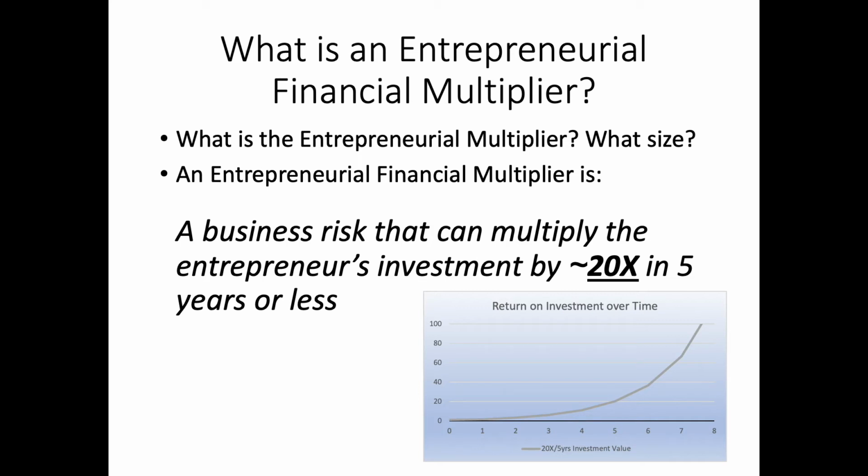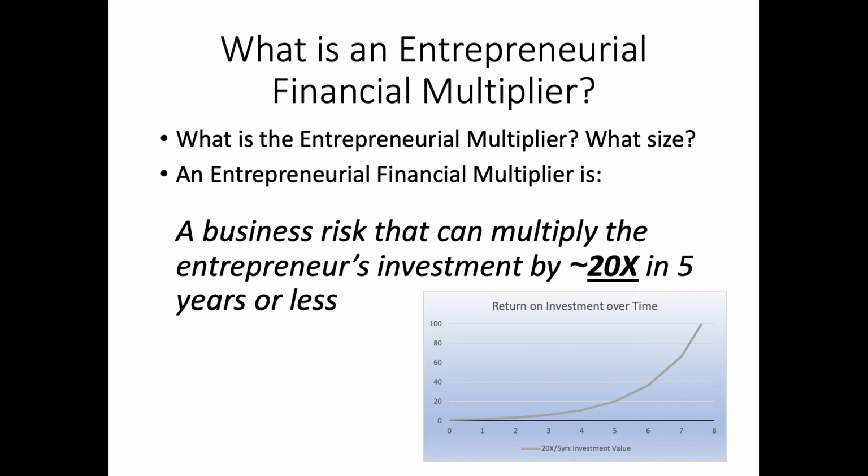The business plan needs to have in it a financial multiplier. And in this case, I'm referring to the entrepreneurial financial multiplier because primarily for a startup, what's being multiplied is the entrepreneur's time, the value of the entrepreneur's time investment in the business.